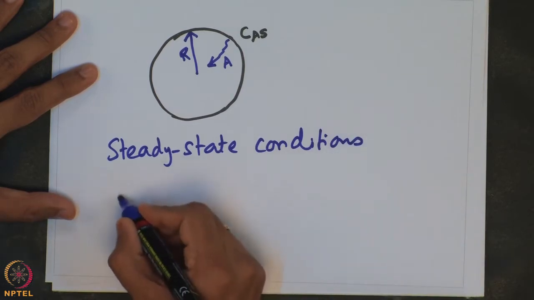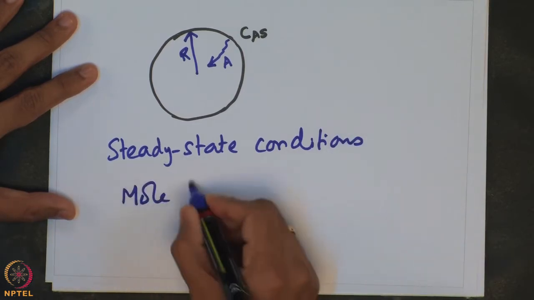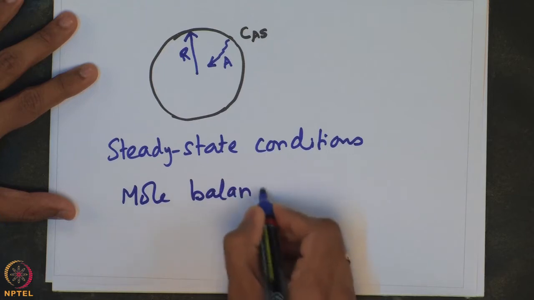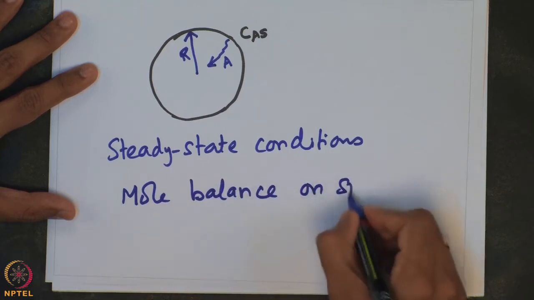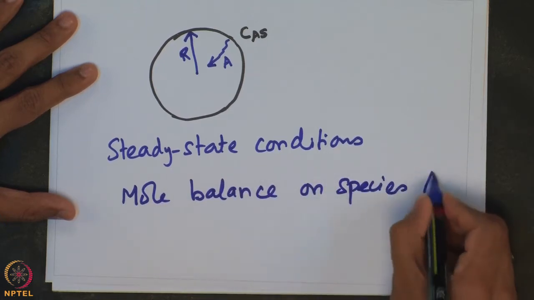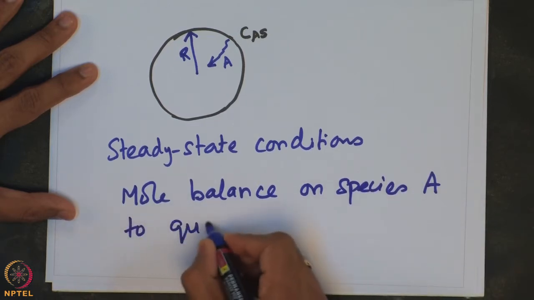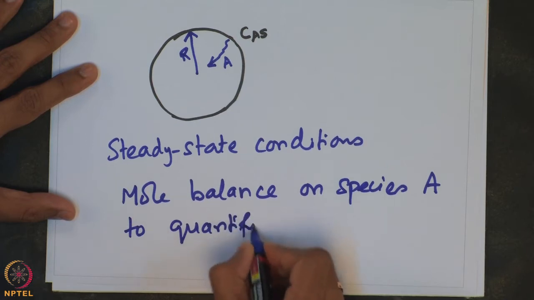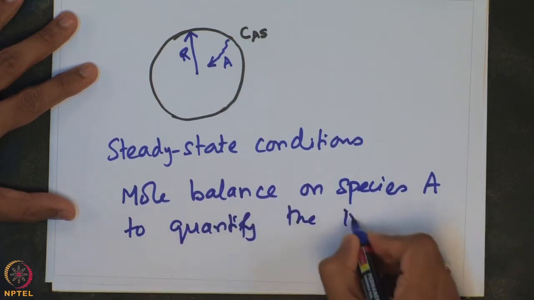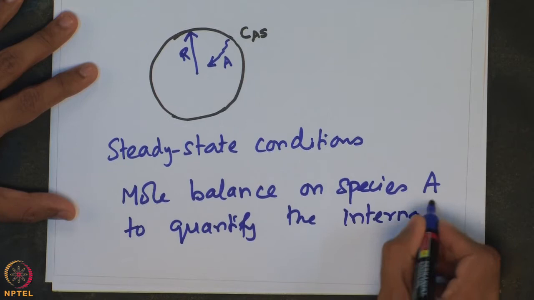we can now write a mole balance on species A to quantify the internal diffusion process.